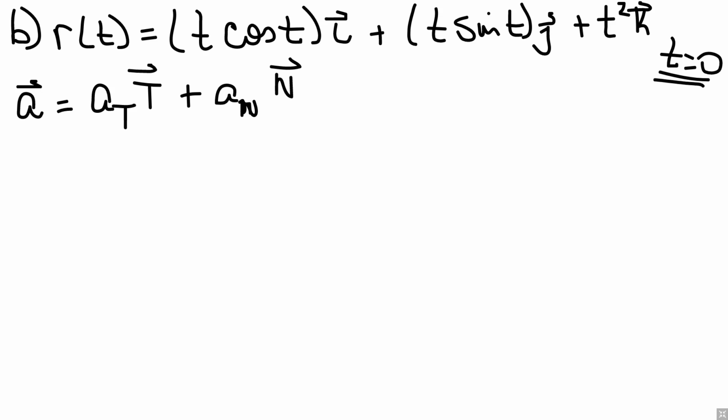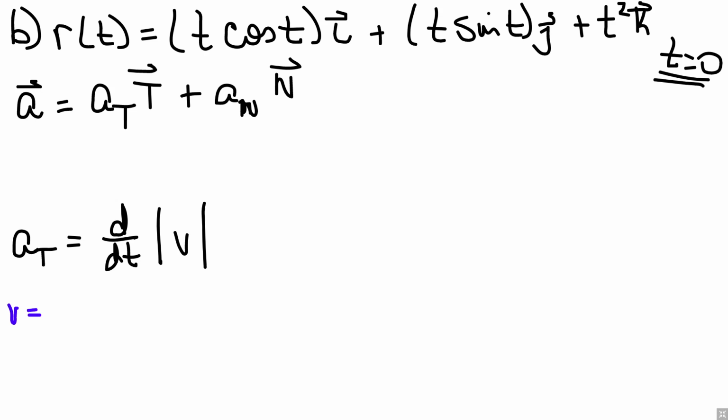Okay. So the first thing we're going to do is find a sub t, which again is the derivative with respect to t of the magnitude of the velocity. So first, let's find the velocity vector, v of t. All right.